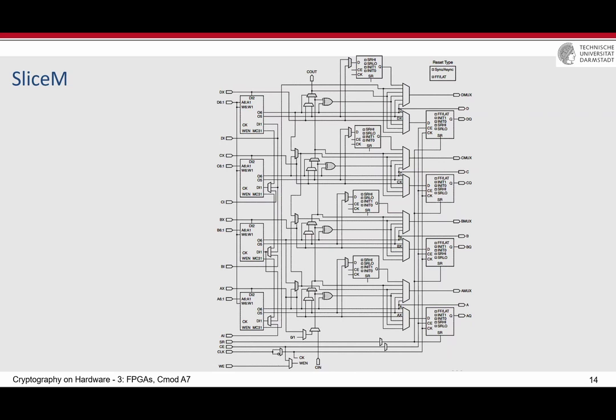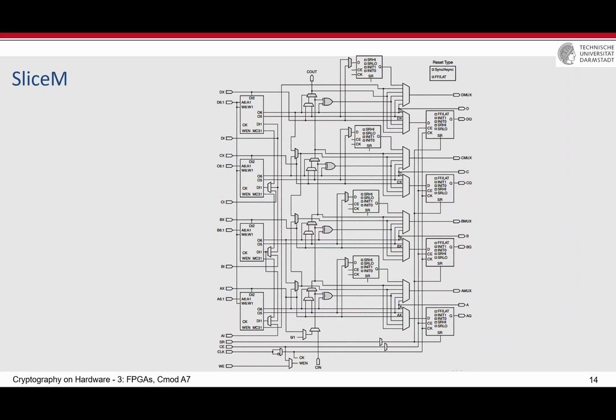For example, one of the features that you see here is that the lookup table doesn't have only the 6-bit input and 2 output bits. There is a clock, there is a write enable, and so on. What does it mean? This is writable, meaning that you can change the content of the lookup table during the runtime of the FPGA, not only during the configuration. But you cannot change every value that you want.